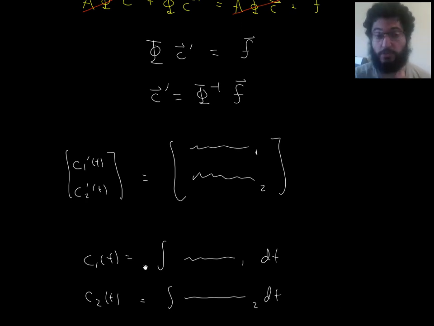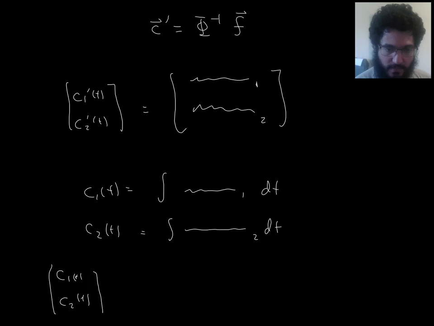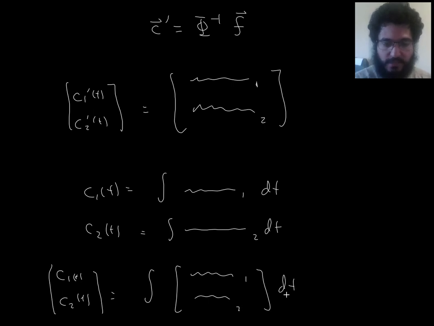Is there a shorter, more compact way of expressing that fact? Yes. If you write an integral and then a vector of functions like this, that's just what we take it to mean when you write the integral of a vector valued function like this.